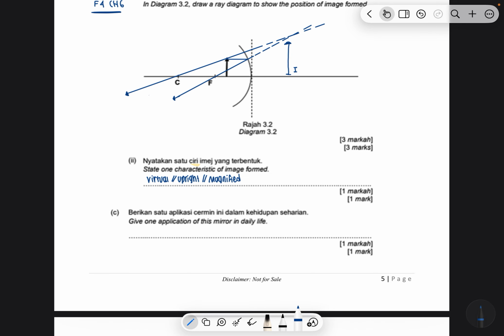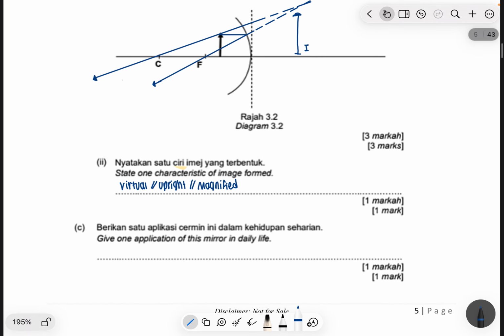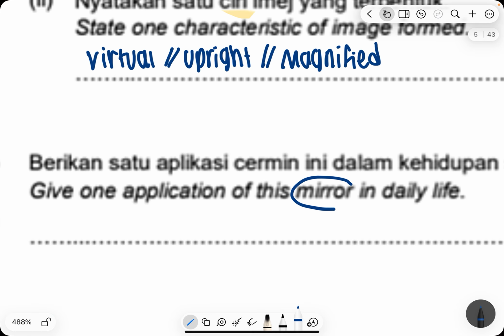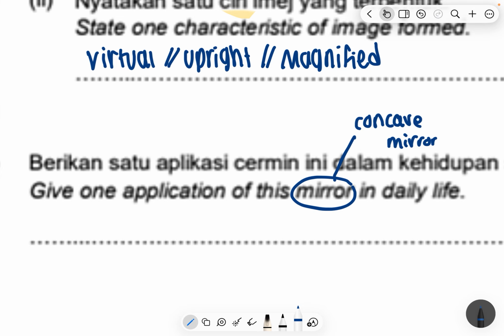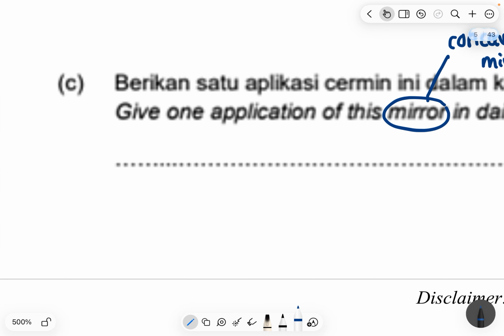Give one application of this mirror in daily life. Okay, so concave mirror. What's the mirror? It's concave mirror. It's used in dental, like just now. But then because they already gave it, so we can't give that example. So we can give other options like cosmetic mirror, that's in our textbook.